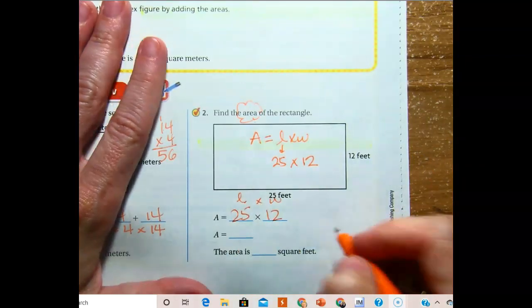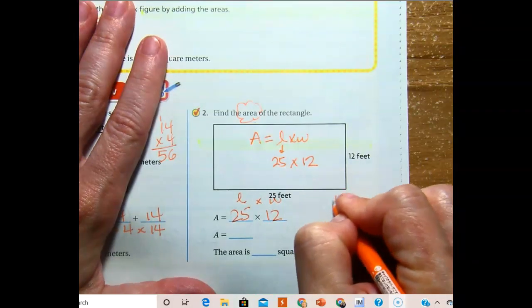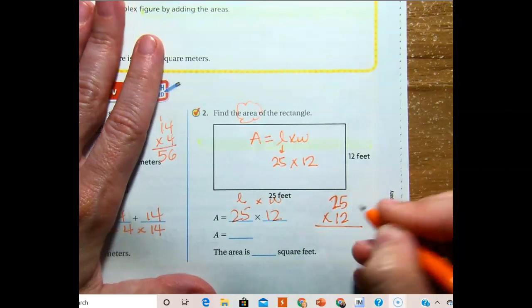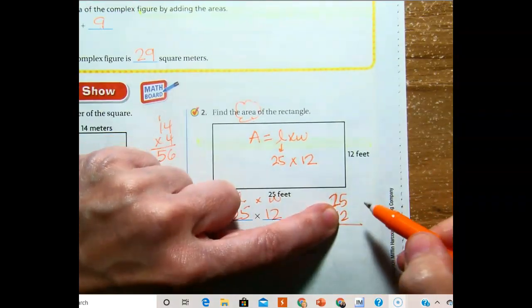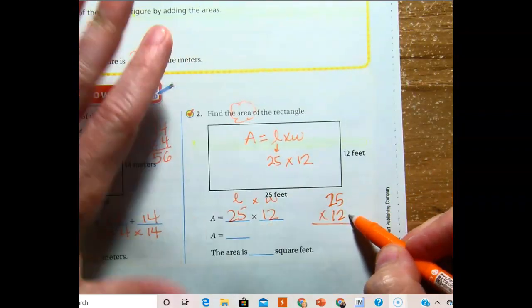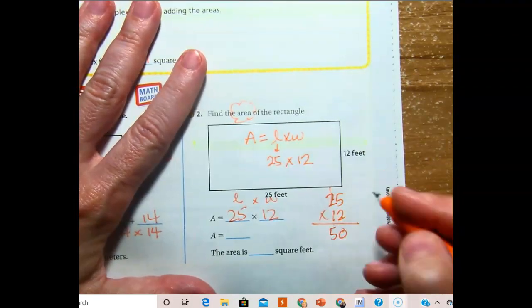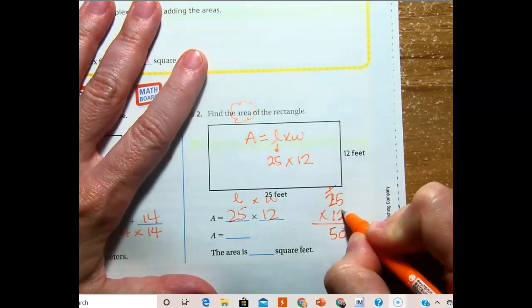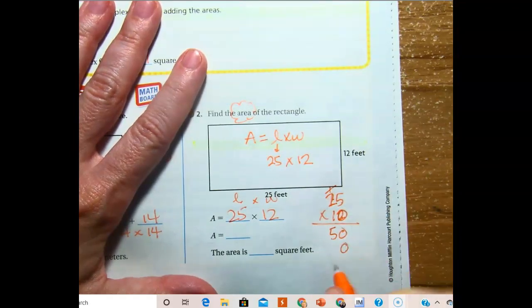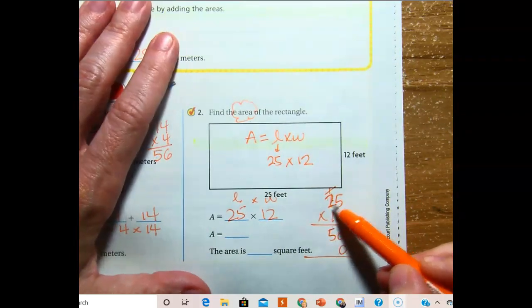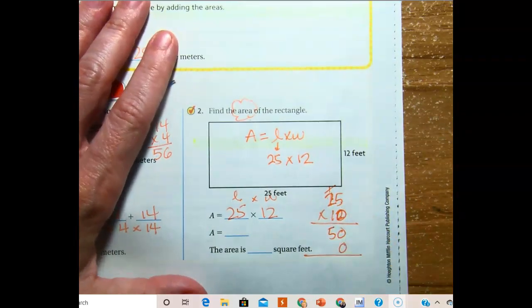Okay, so let's go ahead and I'm going to stack these up using proper place value. 25 times 12. We're multiplying 25 times 2 first. 5 times 2 is 10. That'd be 4 plus 1 is 5. Now you cross off your work and mark your 0. There's your placeholder, because now we're multiplying 25 times the value of the 1, which is 10.